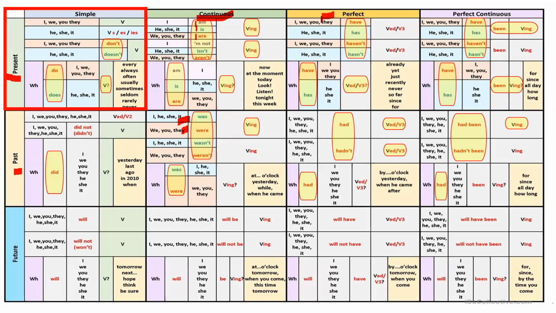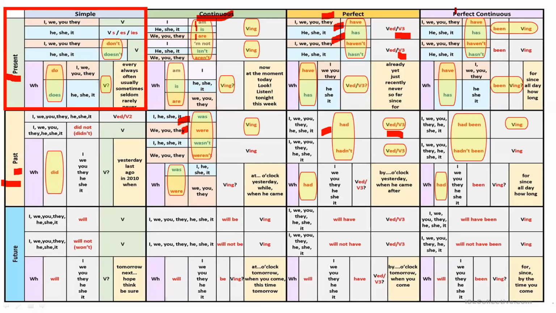Perfect equals verb to have plus V3. In the present, have or has plus V3, and for the past we use had, plus V3.